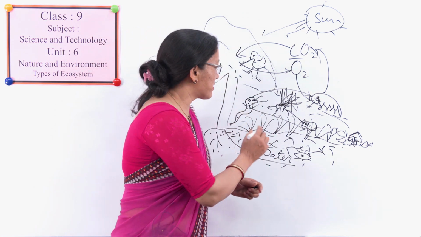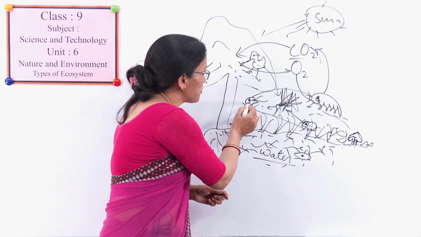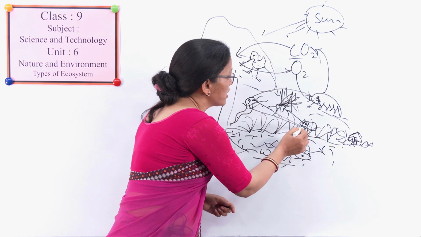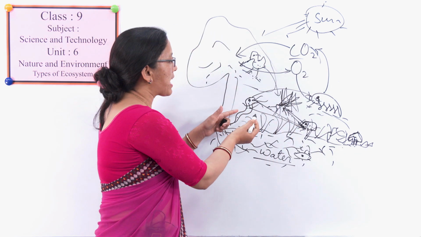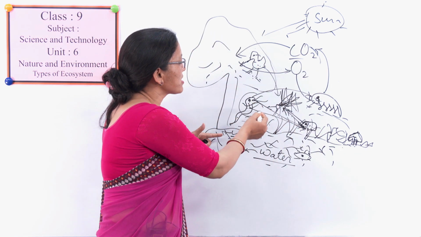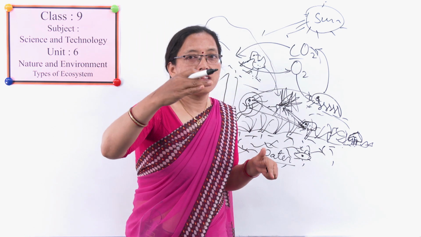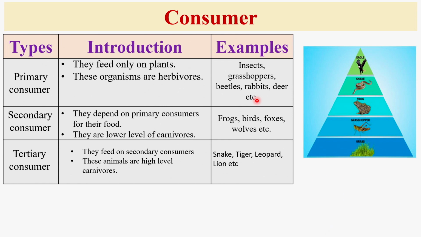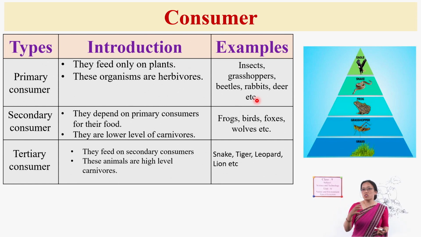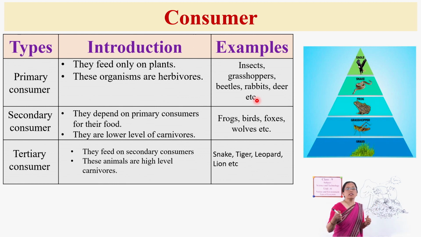But if this frog eats the grasshopper and the snake eats the frog, at that time the level of this snake will be higher, that is tertiary. That means depending on the level of food consumed or energy transfer, if an organism feeds on the primary consumer, that is a secondary consumer.